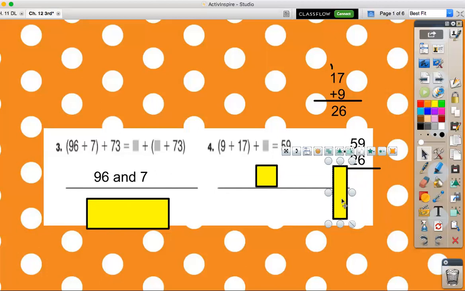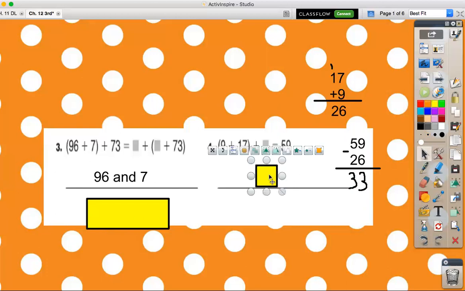Nope, didn't have the answer in there. 9 minus 6 is what? 3. Good job. What is 5 minus 2? 3. Excellent. So our missing number is 33.